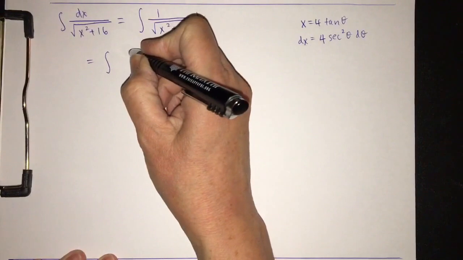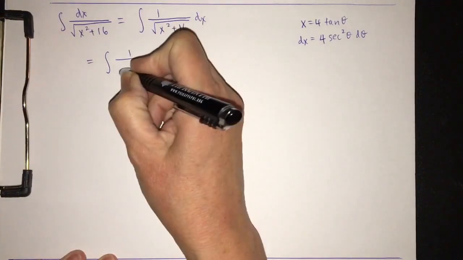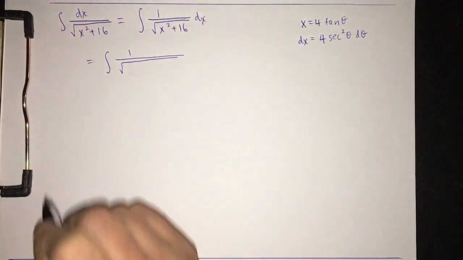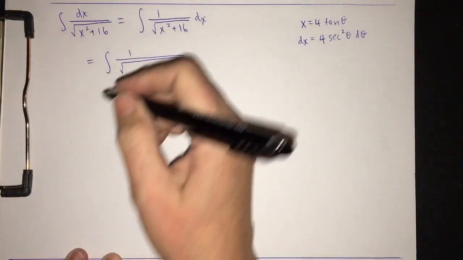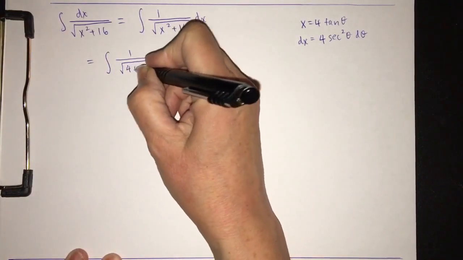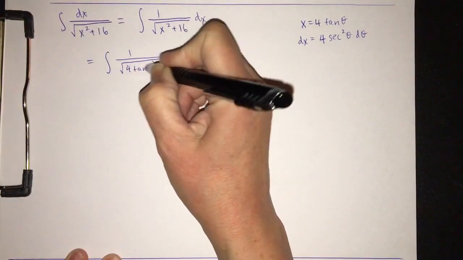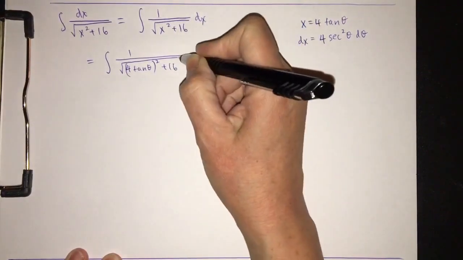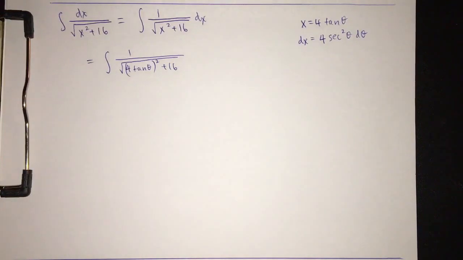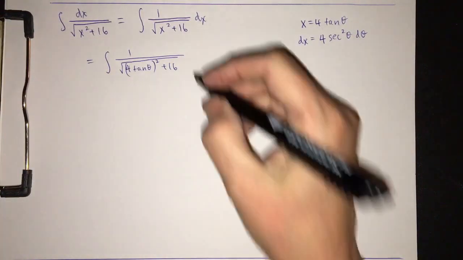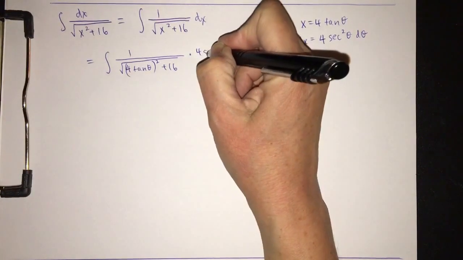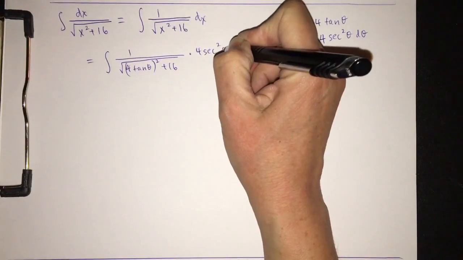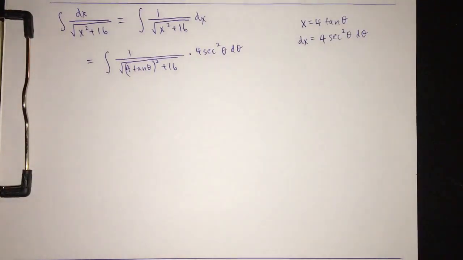So the integral of 1 over the square root of x squared, well, that's going to be 4 tangent theta, that whole thing squared, plus 16 from that square root part there. And dx is 4 secant squared theta d theta.